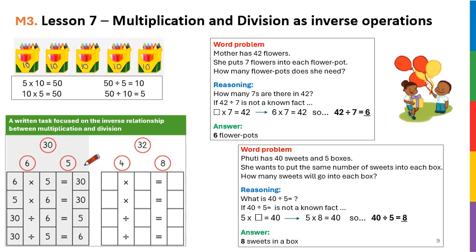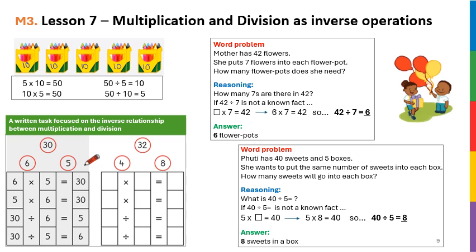Linked to this image, one could write 5 times 10 is equal to 50. If we use our idea of multiplication and what the multiplication number sentence means, that 5 groups with 10 in each group means that there are 50 altogether.